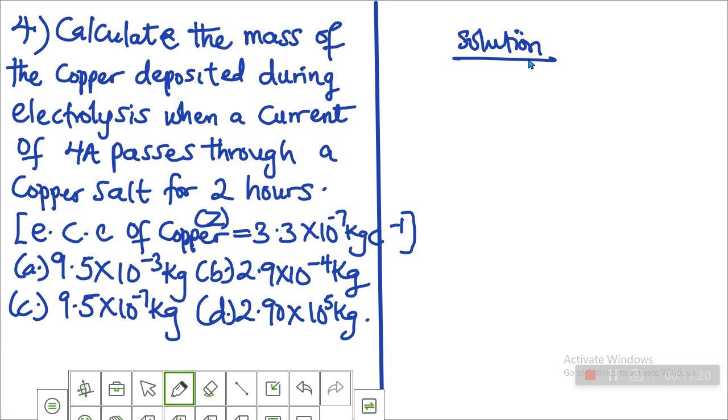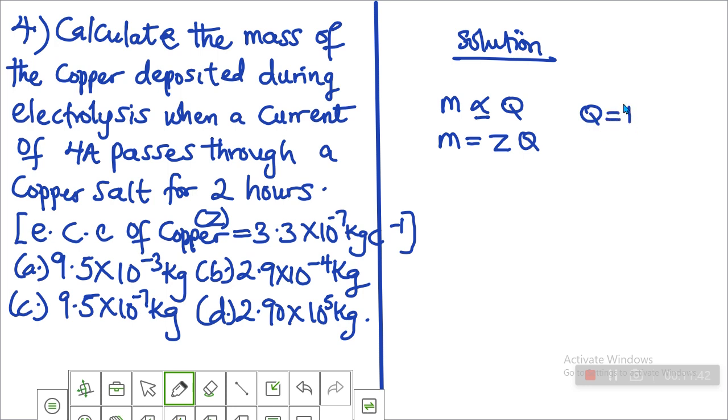Now, what does the first law of electrolysis tell us? It tells us that the mass is directly proportional to the quantity of charge. Now, in mathematics, I told you earlier that when you want to remove the sign of proportionality, you put K. But instead of putting K, we are going to put Z. Now, what is Q?